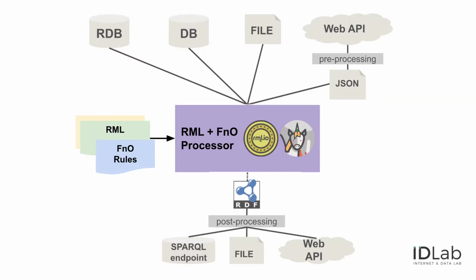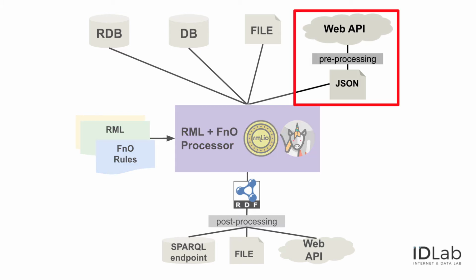So if we look at our diagram from before, we can now replace the schema transformation and the data transformation by an RML plus FNO processor. Such a processor uses RML and FNO rules to perform the transformation from heterogeneous data into an RDF knowledge graph.